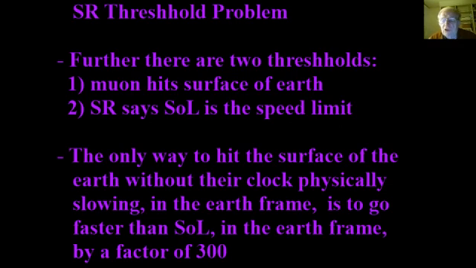Either the muon's clock has to physically slow, which special relativity's time dilation can't explain, or the speed of light as a speed limit has to be violated, which would also violate special relativity. So this set of data is the second set of data, along with the GPS data, that shows that special relativity's time dilation cannot explain this phenomenon of actual physical clock slowing as a function of velocity.